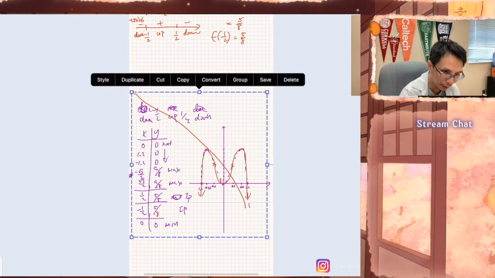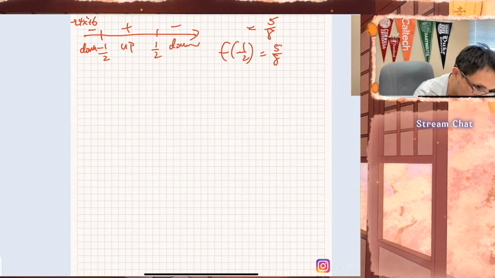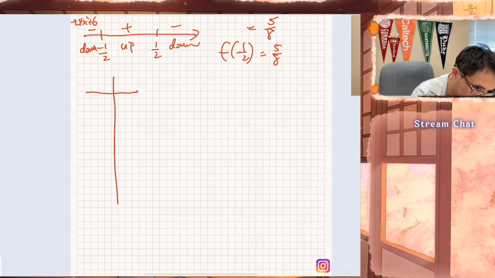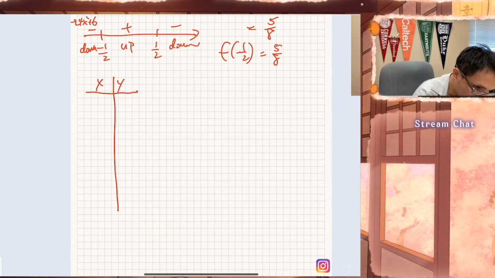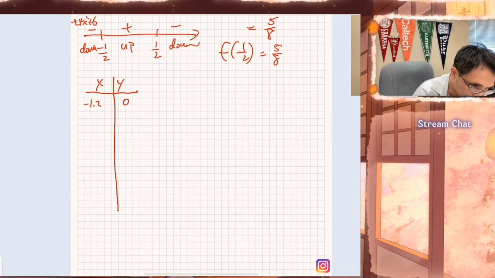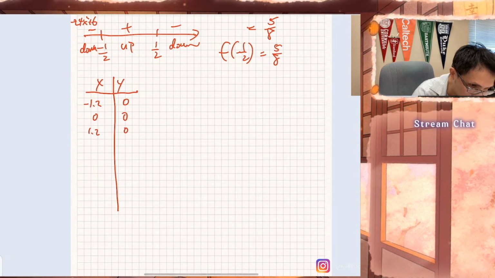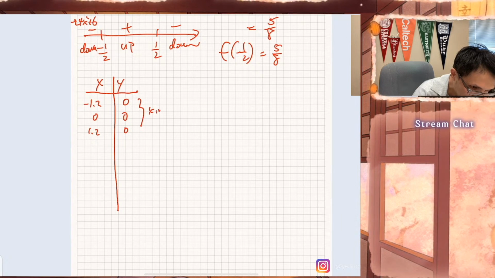I'm going to show you how I graph from scratch. So I'm going to figure out the t-chart here. At negative square root 3 over square root 2, it's going to give you 0, and at positive, 0. These are all x-intercepts.